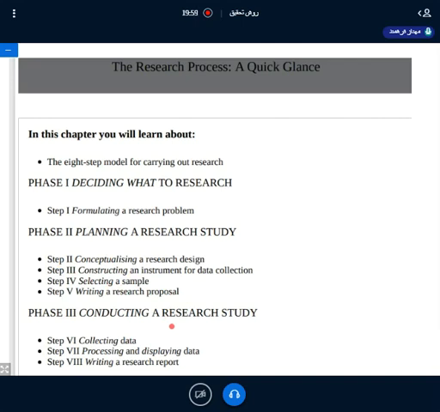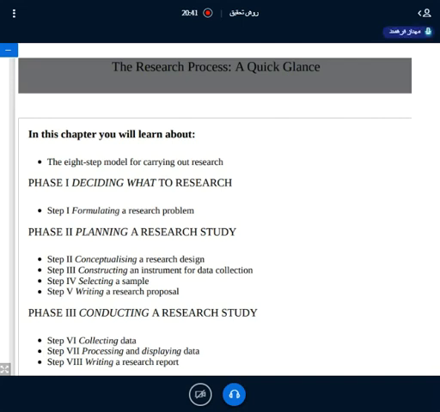In the next chapters, we are going to talk about phase 3, conducting a research study. So we can see 3 steps here. Step 6, collecting data. Step 7, processing and displaying data. Step 8, writing a research report.